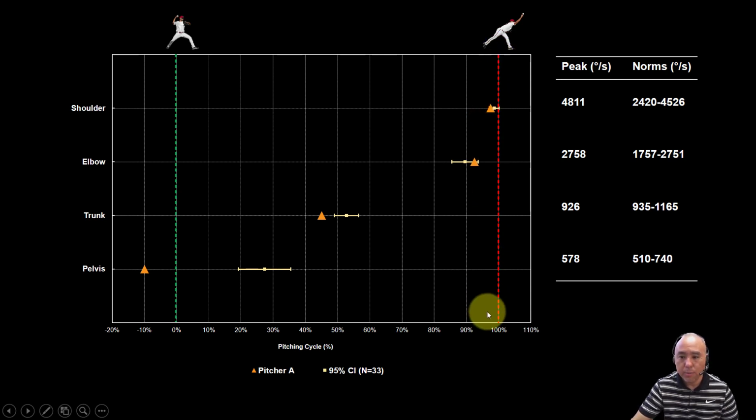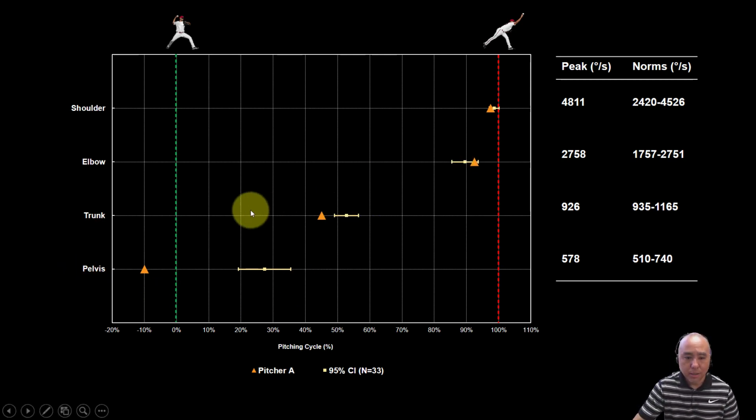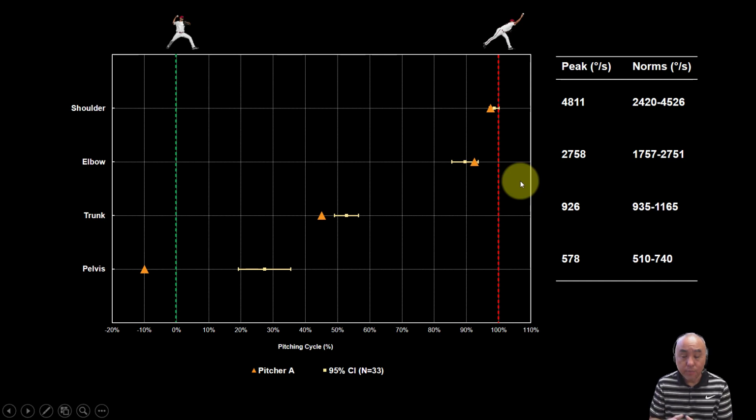This red line represents ball release. So again, that's just a few milliseconds. For all intents and purposes, this is happening at the same time, where the pitcher peaks at internally rotating as well as extending the elbow. That combination, along with what's happening in the larger proximal segments, equates to an angular velocity at the wrist and hand, and subsequently a maximum linear velocity of the ball at release.